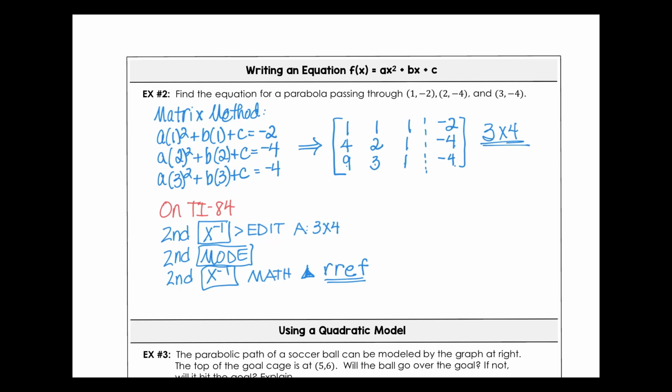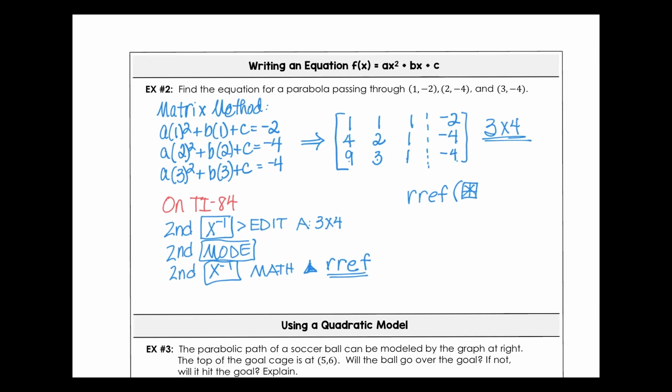When you press the letter B, it'll open up that RREF. So it'll open up on the calculator screen, RREF, and your cursor is blinking right here. So we need to tell it that we want to put matrix A in there. And the way you do that is you press second, X inverse again, and you see our number 1 that says letter A is a 3x4 matrix.